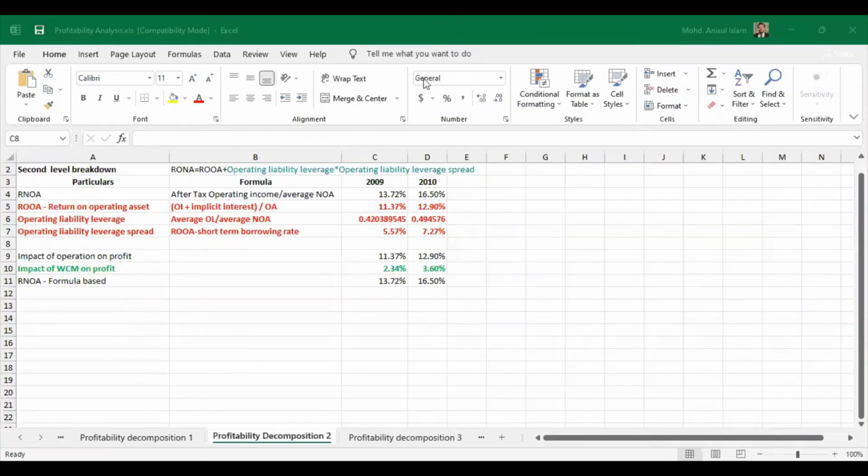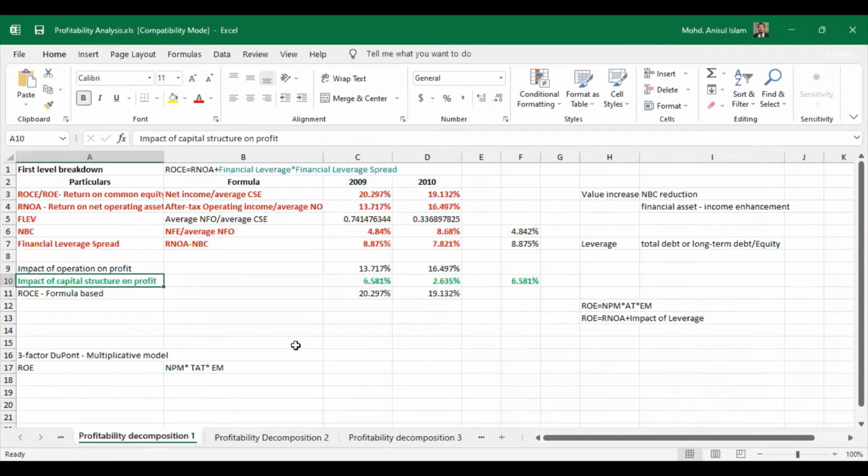Next, we'd like to work on decomposition of profitability in level 2. You can recall that we concentrated more on the impact of capital structure in the level 1 breakdown. You see in the second part of this equation, we talked about the financial leverage.